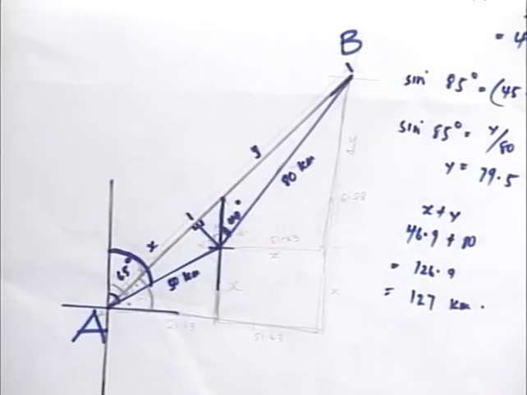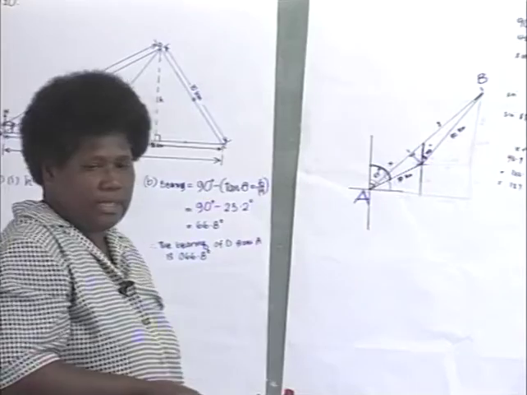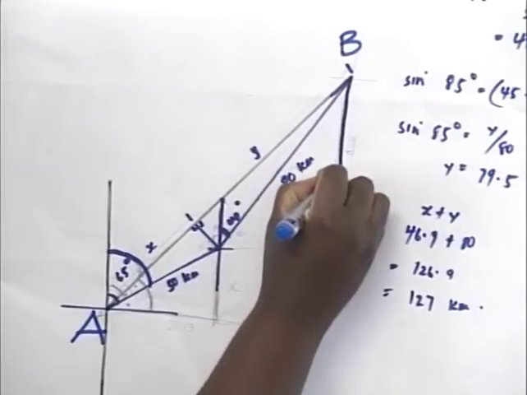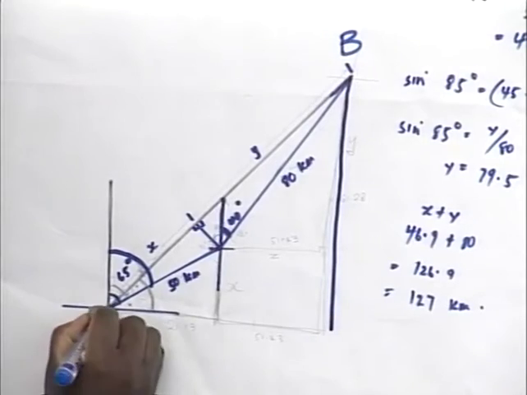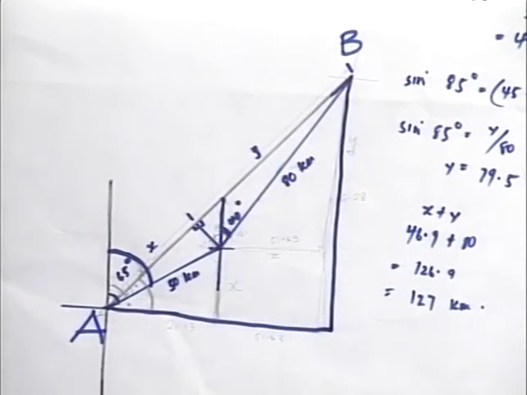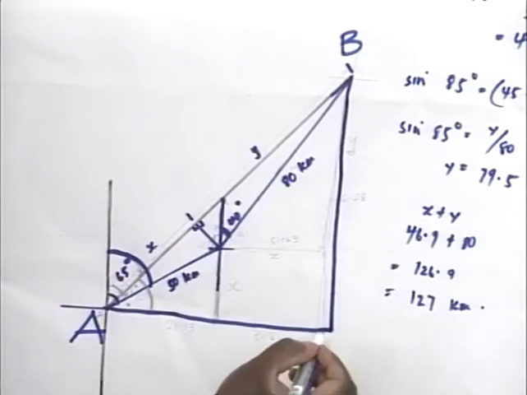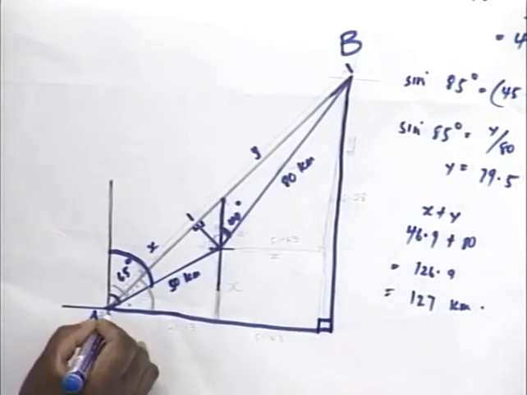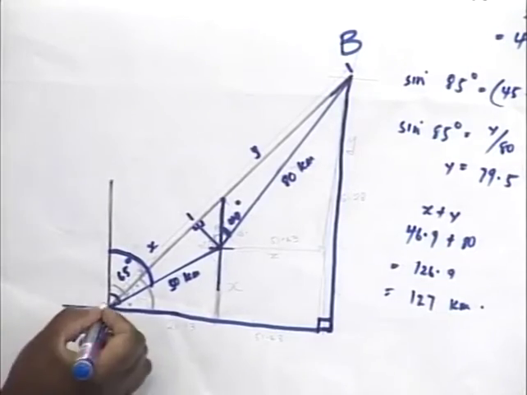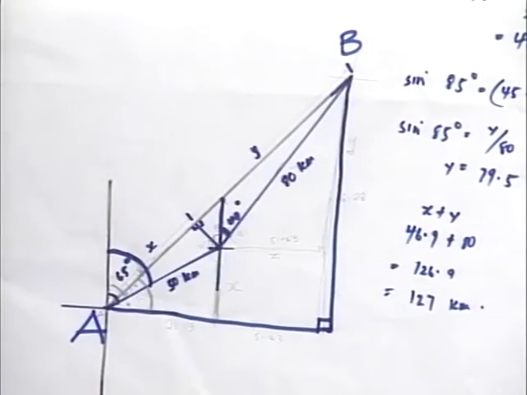Otherwise outside, I see that for me to do it outside is easier. So what I will do is draw this triangle outside. Because if I can find the distance from here to here and the distance from here to here, I can use Pythagoras theorem to find the distance from A to B.